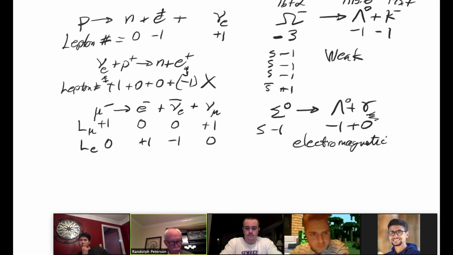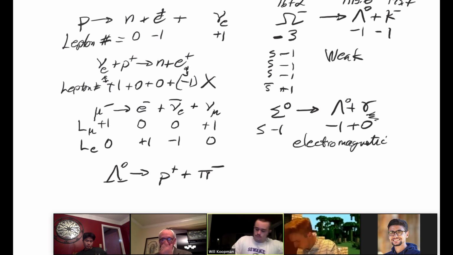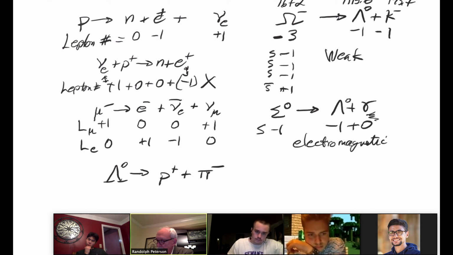All right, last one here. Let's have a lambda decay to a proton and a negative pi meson. No problem with mass-energy conservation, no problem with baryon numbers, one on the left, one on the right.